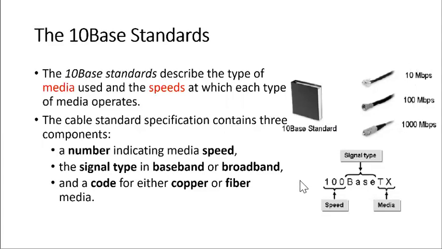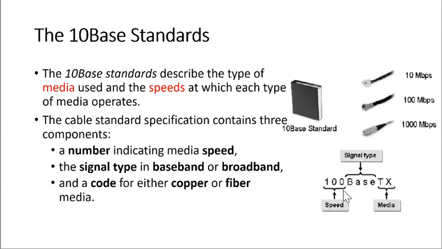So this 10 base standard is divided into three components: first, second, and third. The first component is a number, which defines the speed of that particular cable. The second component defines the signal type, which signal type is used in order to transfer the data. The last one is the code, which defines either copper or fiber media.